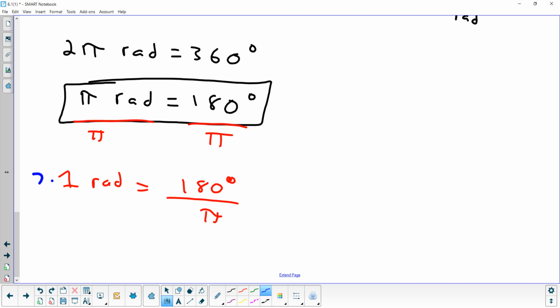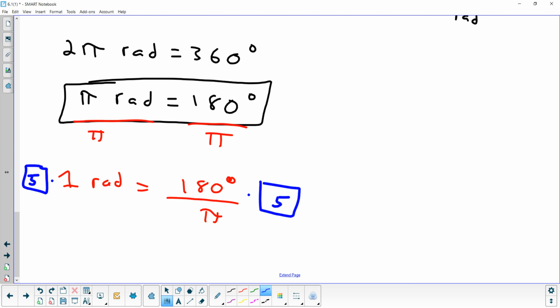I could multiply each side by 2. And if I did that, I would have a formula that says 2 radians equals, and I have a calculation I could do out. What if I wanted to know a formula for 5 radians? What could I do on both sides to get a formula for that? Yep. Times 5.